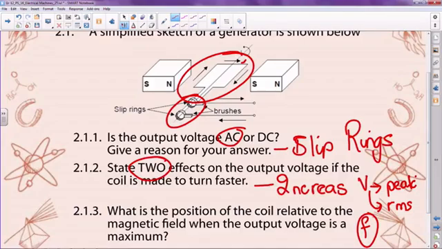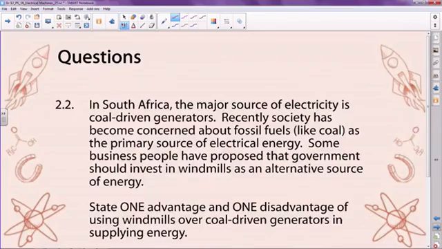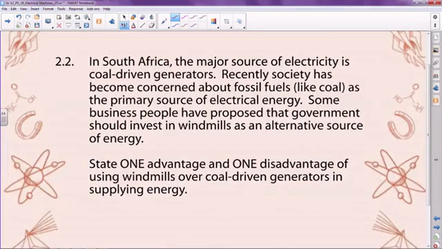Okay, now, the next question that we're going to do, hopefully we're not going to struggle with, because actually this is more about general knowledge, and it's quite important. It's going to come up, and you should have done something about this somewhere along the line in grade 8 or 9 or 10 or something. So in South Africa, the major source of electricity is coal-driven generators.